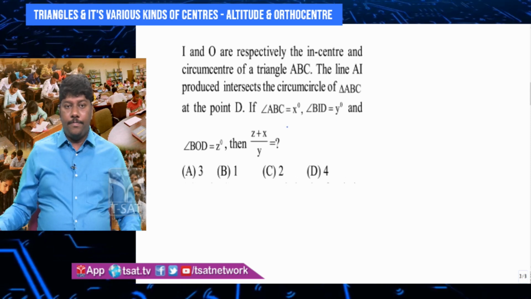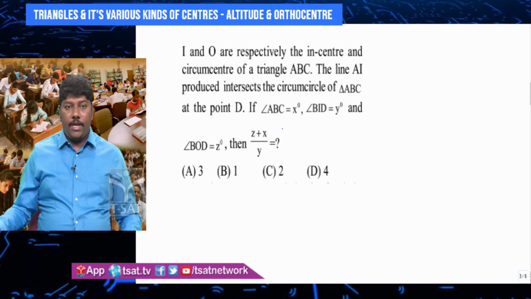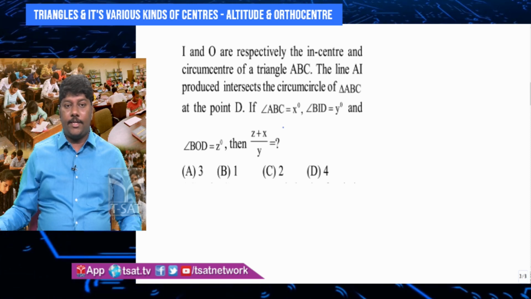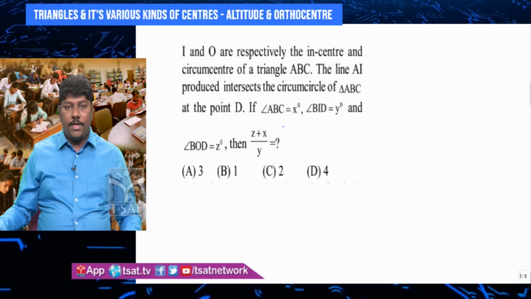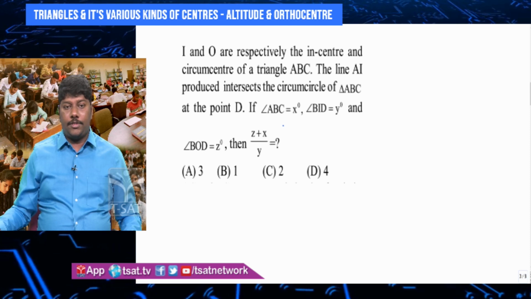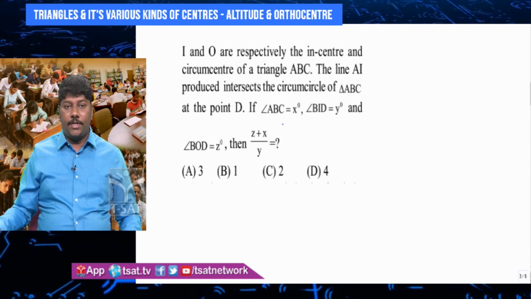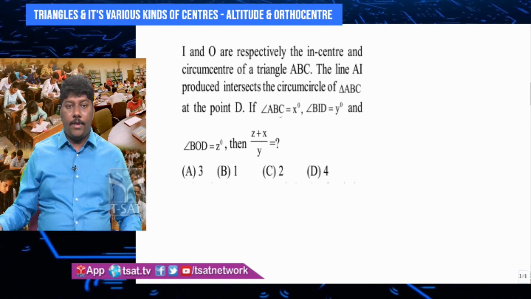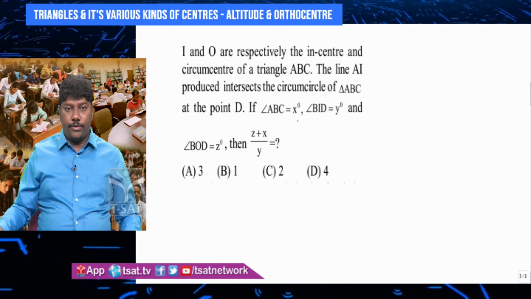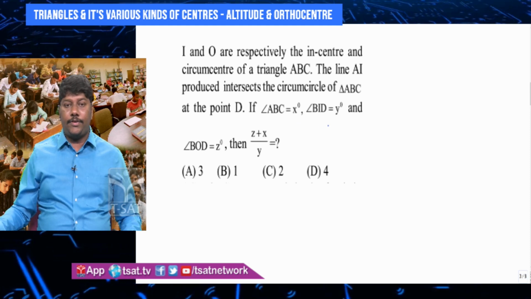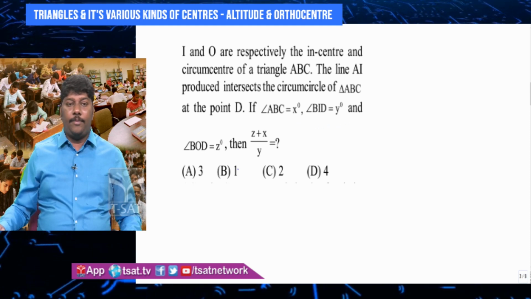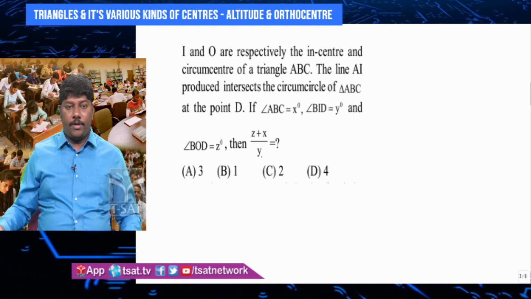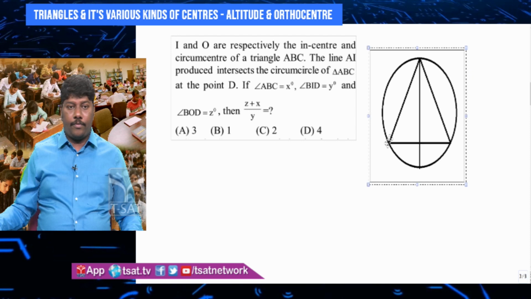Now, look at the last question. I and O are respectively the in-center and circumcenter of triangle ABC. The line AI produced intersects the circumcircle of triangle ABC at the point D. If angle ABC is equal to x degrees, angle BID is equal to y degrees, and angle BOD is equal to z degrees, then z plus x by y is equal to.